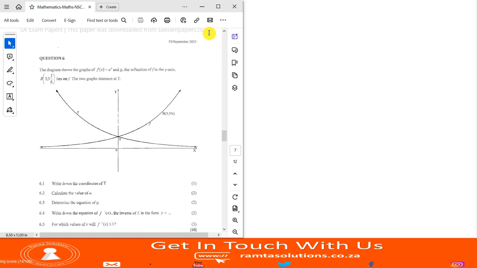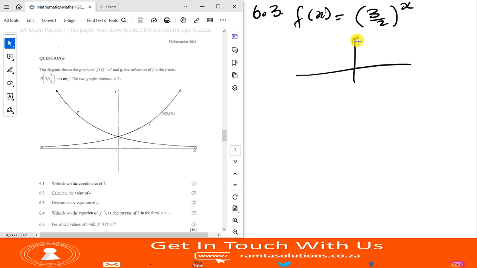We're going to do 6.3. For 6.3, remember f of x was 3 over 2 to the power x. Now they said g is f of x reflected in the y-axis. When a point is reflected in the y-axis, it only changes the x value.